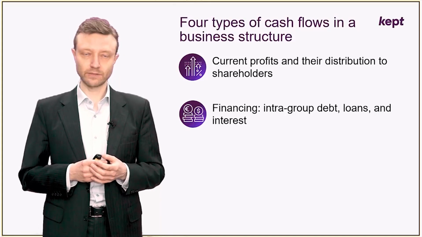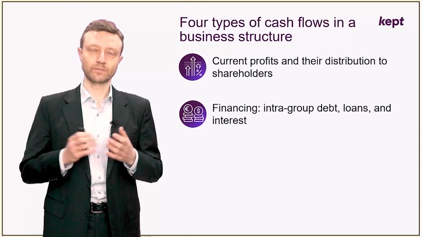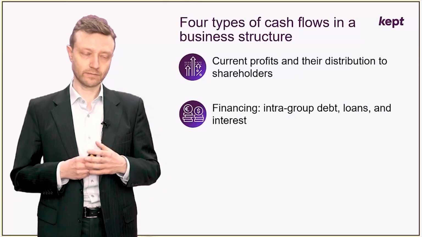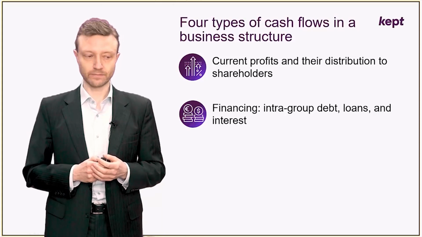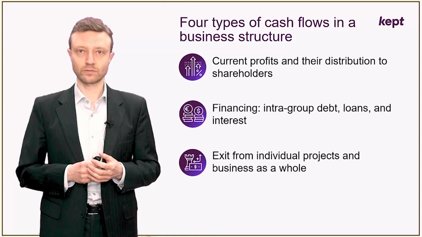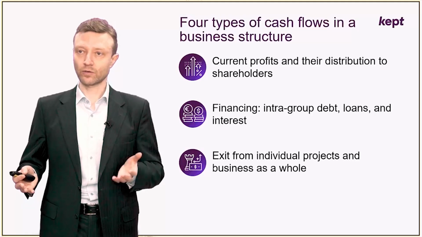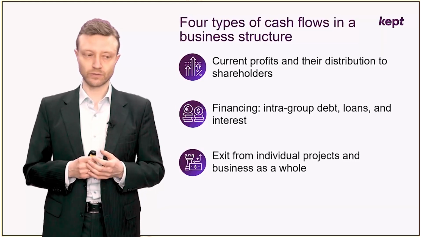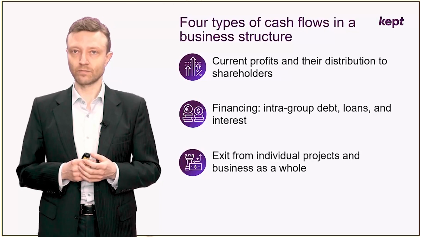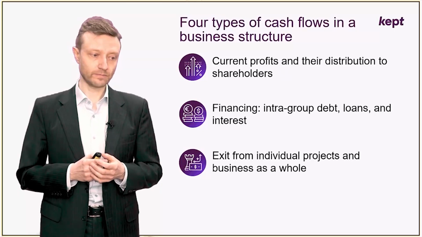There is intra-group debt, loans, interest payments between different legal entities. Okay, these types of transactions relate to financing. Third, there are transactions that occur from time to time, related to exit from individual projects or from the business as a whole.